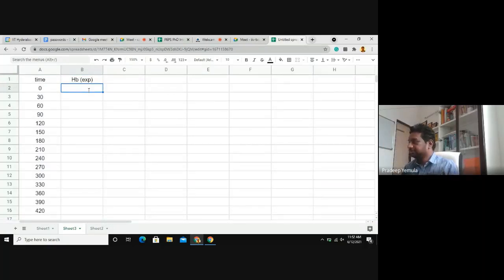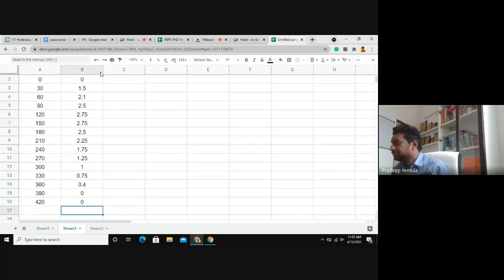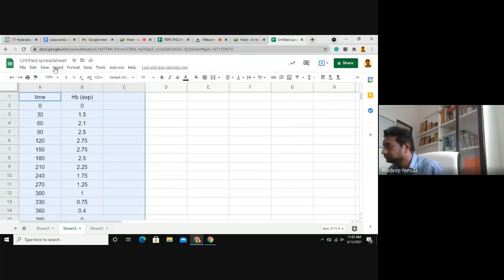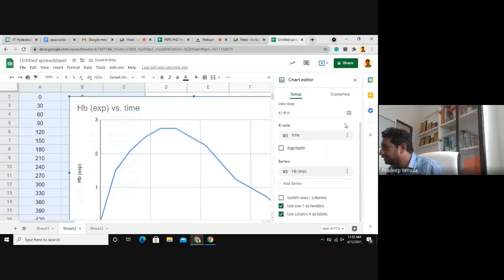So it is 0 at time t equal to 0, then 1.5, then 2.1, then 2.5 increasing, 2.75, maintaining at 2.75, then again decreasing started, 2.25, 1.75, 1.25, 0.75, 0.4 and 0. So finally this is the pattern. So this is how we are getting the pattern.